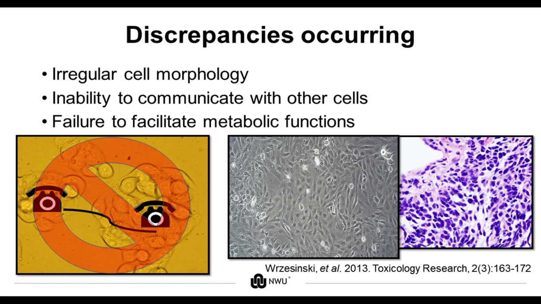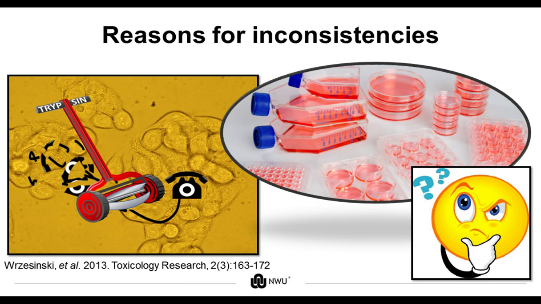Discrepancies such as irregular cell morphology, not similar to the original tumor tissue, as well as the inability among cells to communicate and the failure to facilitate essential metabolic function, have been reported for cells cultured in 2D conditions.